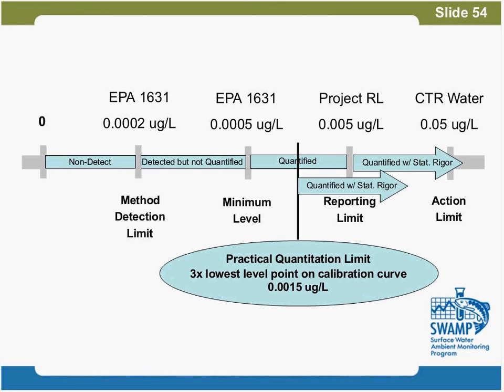Anything beyond this line, these numbers here are estimates depending on the method, the laboratory, and things like that. They're detected but not quantified. They can be reported, but you have to understand that statistically they're much harder to defend. This level, it's a little bit easier to defend, but again, we don't have that statistical rigor like we have moving forward from this point.